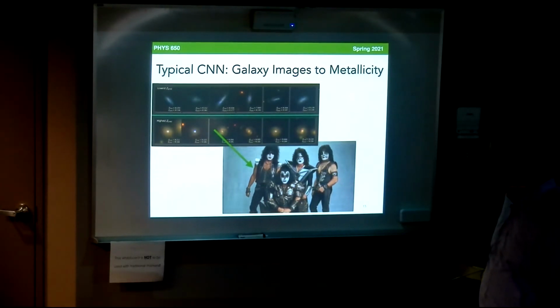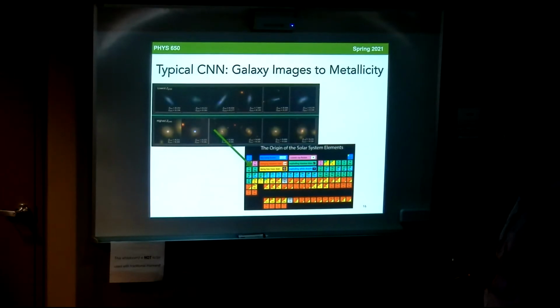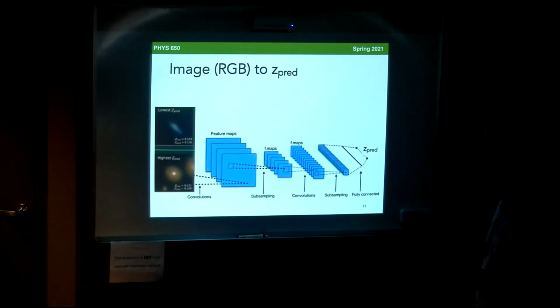Metallicity, in astronomer terms: all the elements in the periodic table, as far as astronomers are concerned, are all metals. So you've got hydrogen, helium, and stuff. The good news is that we can express that as one single number. To be honest, we just measure oxygen, because we can't really measure most of the other ones. But that's a thing that we want to be able to predict.